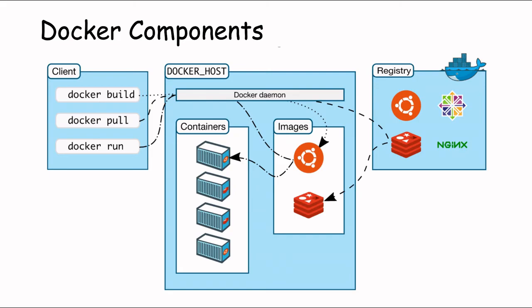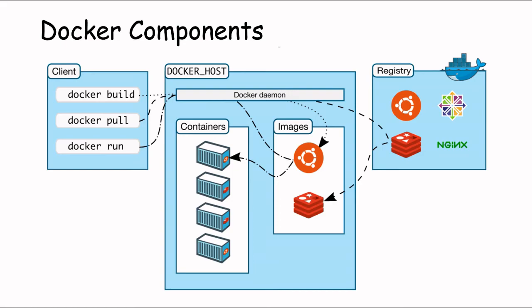A daemon can also communicate with other daemons to manage Docker services. Coming to the Docker client, the Docker client is the primary way that many Docker users interact with Docker. When you use commands such as docker run, the client sends this command to the Docker daemon, which carries them out. The docker command uses the Docker API. The Docker client can communicate with more than one daemon.